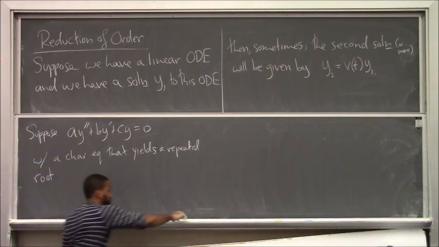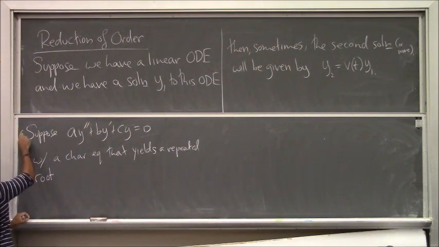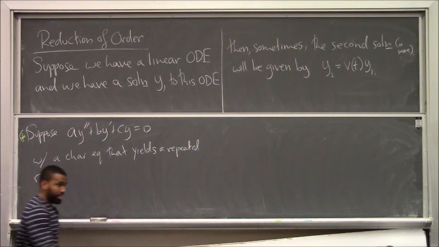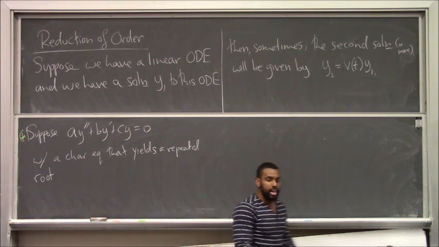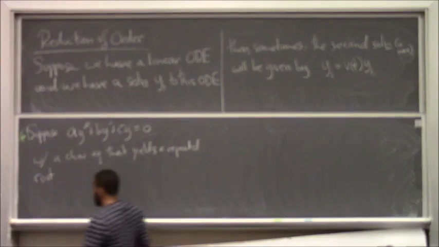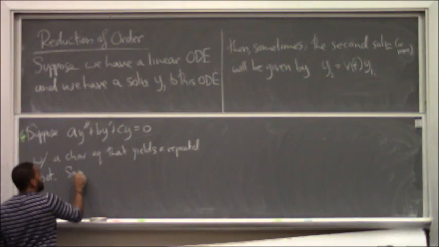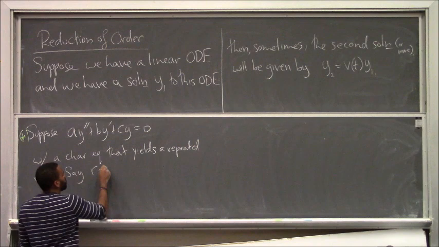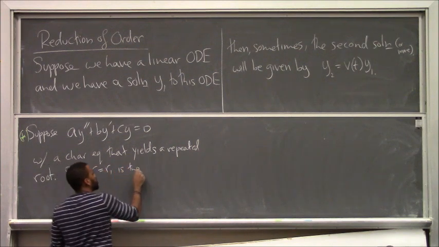Now I'm explaining the why. Why was that the answer? Okay, so say r equals r1 is the repeated root.